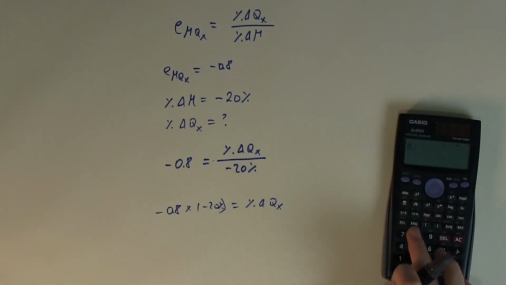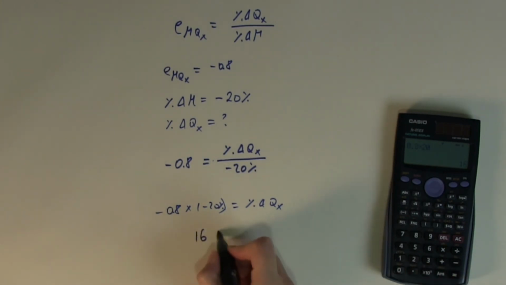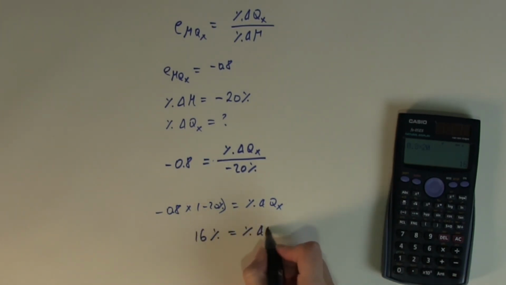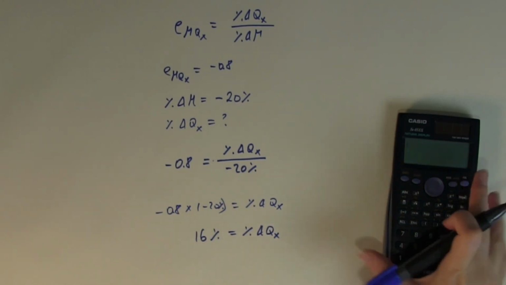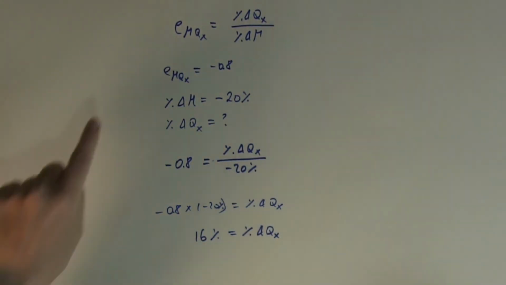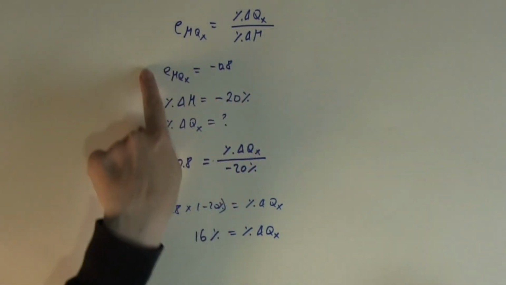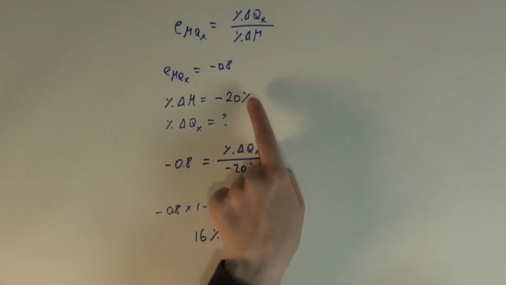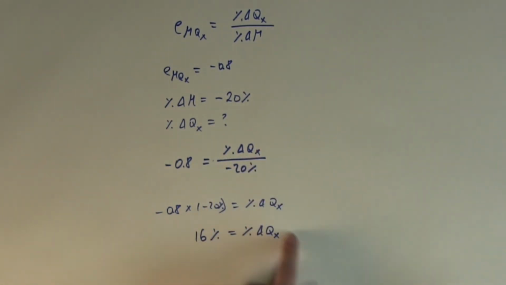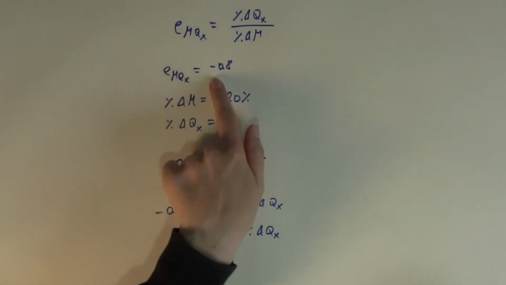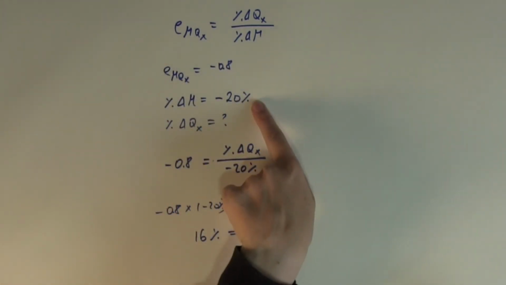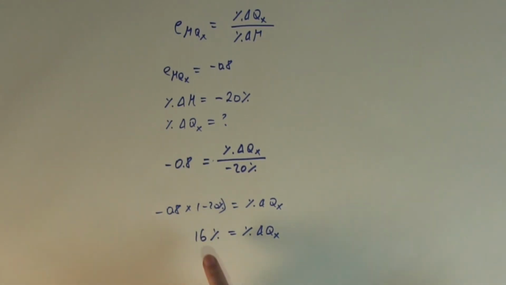So 0.8 times 20 will give me positive 16%. So what it means is that because of the income elasticity of organic butter, even though there will be a drop in income, I still expect an increase in demand. Okay, so be aware of that. Depending on the elasticity of the product, sometimes a drop in income could still lead to an increase in demand.